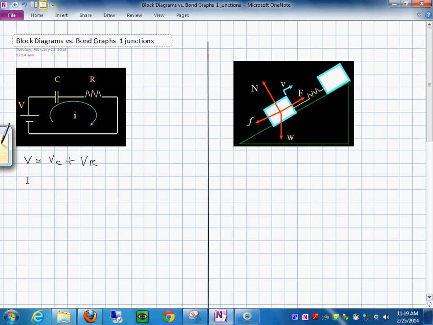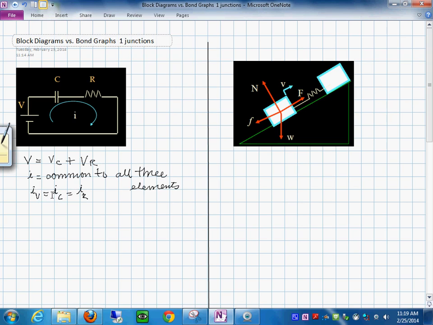And that you will say the current I is common to all three elements. Okay, so that means that the current, you can say I of B is equal to I of C and is equal to I of R.